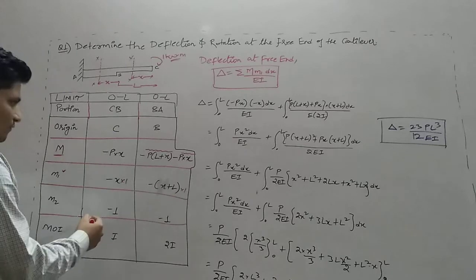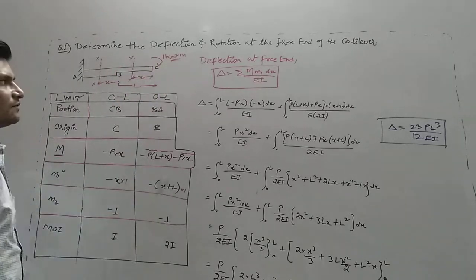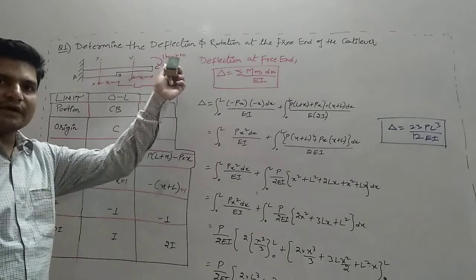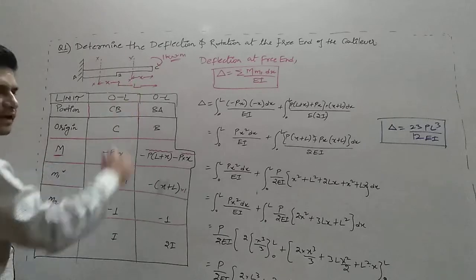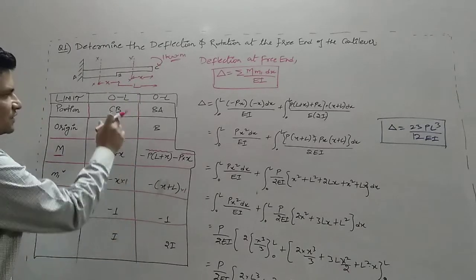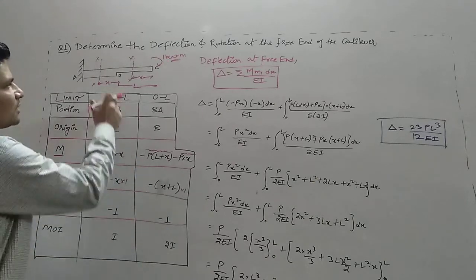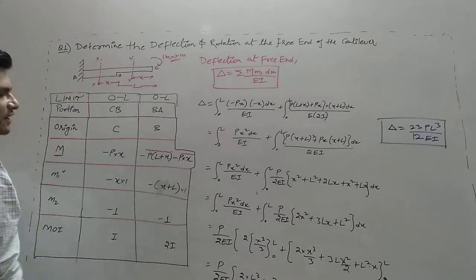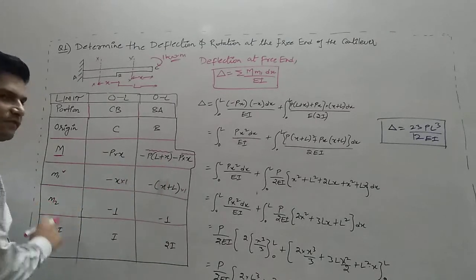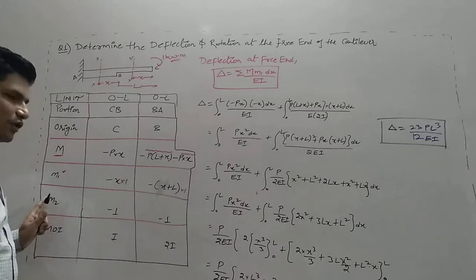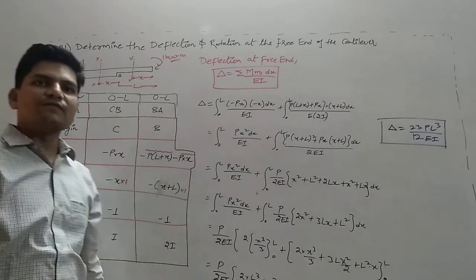For portion CB, the bending moment value is, as we have applied only 1 kilonewton meter, it is anticlockwise, or hogging in nature, so it is minus 1 for this CB portion. Again the bending moment value is already 1 kilonewton meter, so for this BA portion it is again 1 kilonewton meter with a minus sign. This is the way you write the expression for M2 also, by applying a unit concentrated moment at the point where the rotation is required.